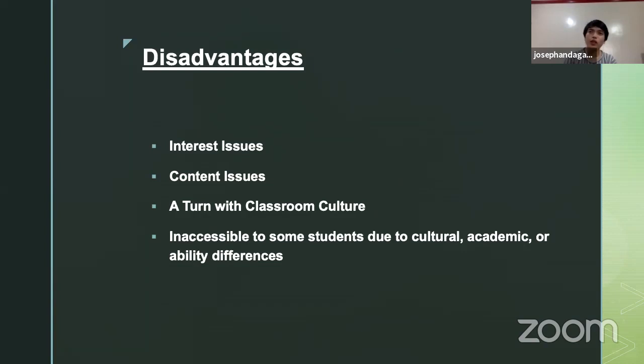Another is content issues. Since it's a collaboration of the different subject areas, there are issues that a certain subject area might be neglected when a certain learning task is being performed, or the weight of the learning competencies or the skills that will be developed in the different subject areas will be different while performing a certain task.